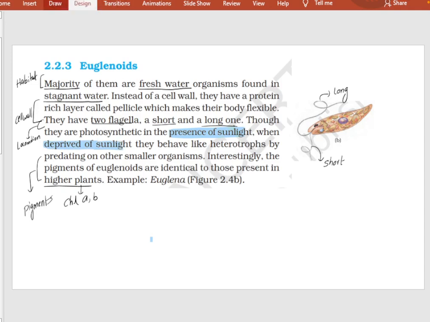When sunlight is present, they are photosynthetic. When sunlight is not there, they behave as heterotrophs, predating other smaller organisms. So what is this point about?